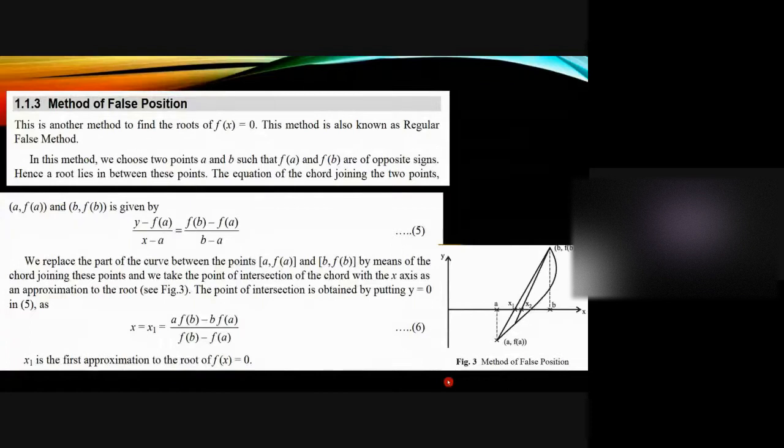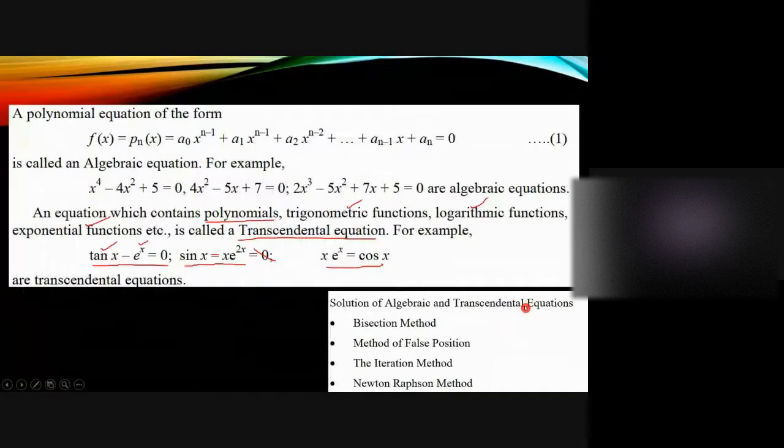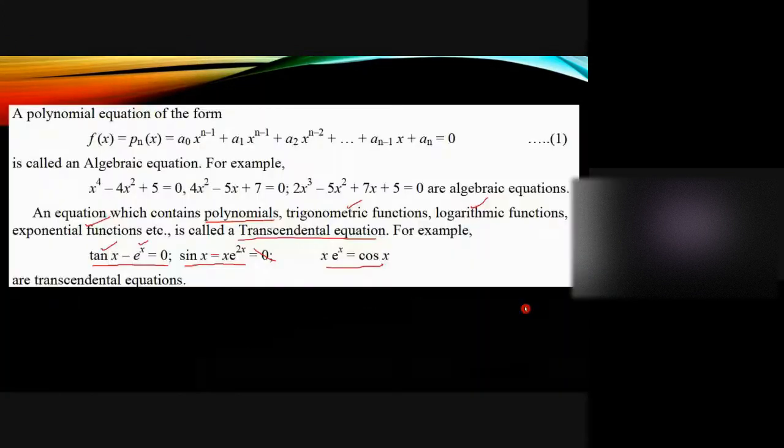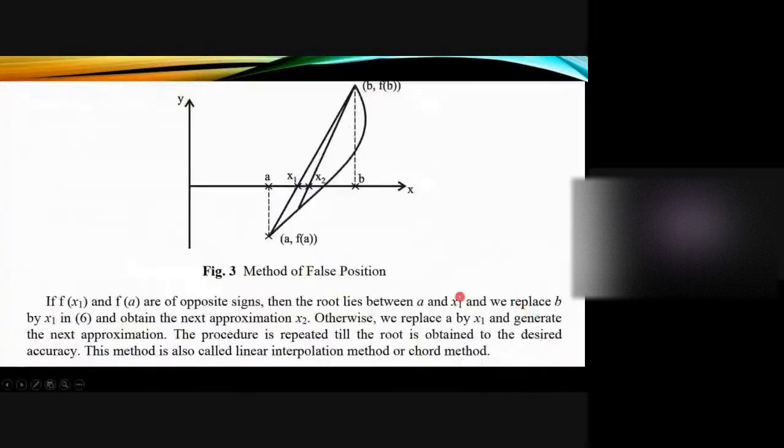First one is the method of false position. A little bit of theory for framing the equation. You can see this small figure. You have an equation y is equal to f of x. So this is the x value, this is the y value.